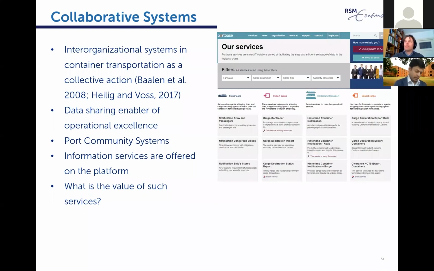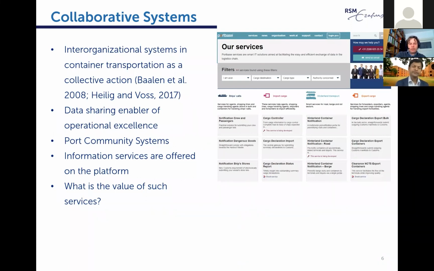This is the example of the port community system of the Port of Rotterdam. They offer a variety of information services that relate to import and export of cargo, transportation, but also the seaside handling of cargo vessels. And all of these services accommodate information sharing between different organizations.